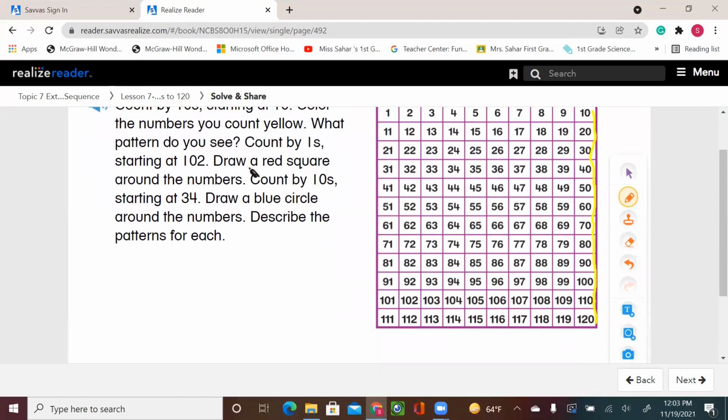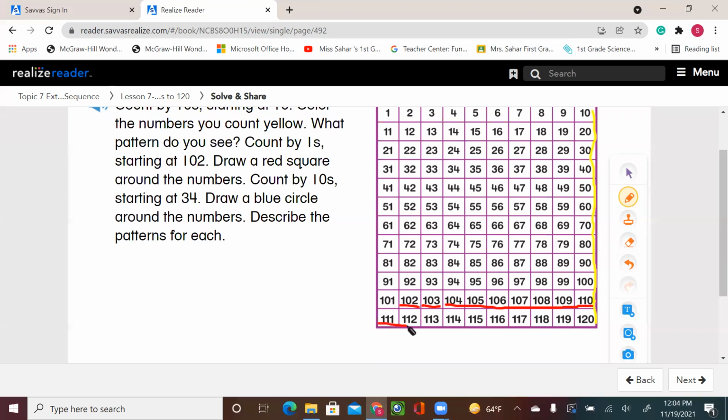Second part of my question, draw a red square around the numbers. Count by ones starting at 102. So we're going to start from 102 and draw a red square around the numbers. I'm going to just put a line underneath because I want you to be able to see it. So 102, 103, 104, 105, 106, 107, 108, 109, 110.